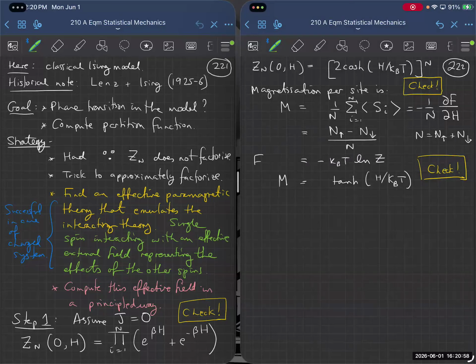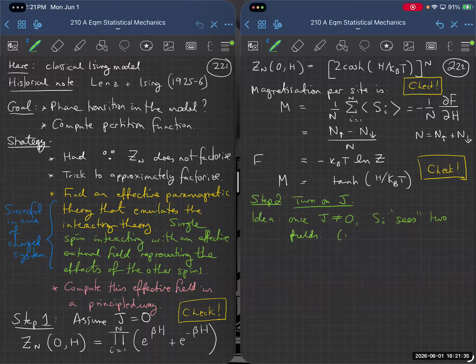Okay, so that's the easy part, and we've done this before. So step 2 is now we're going to turn on the coupling, J. The basic idea is that once J is non-zero, spin i sees, in quotation marks, two fields. The first field that it sees is the external field, which is just h.